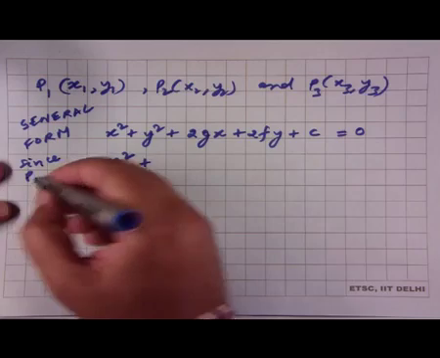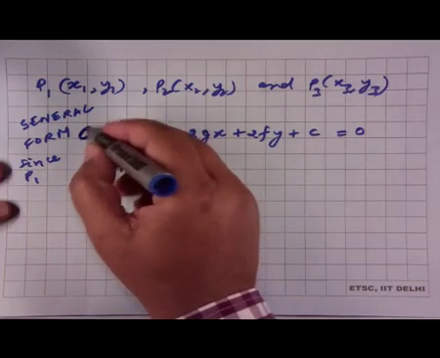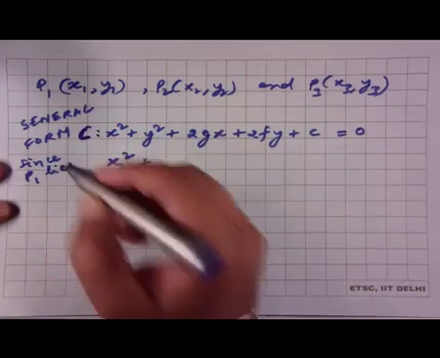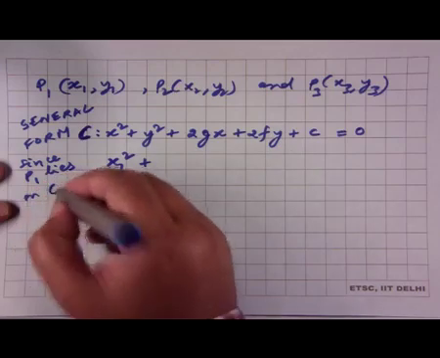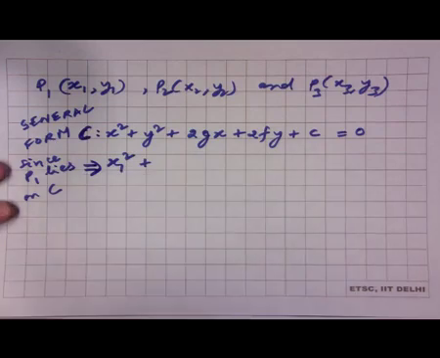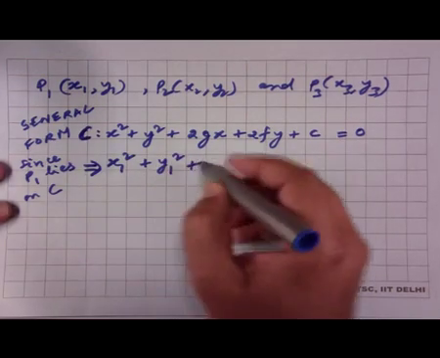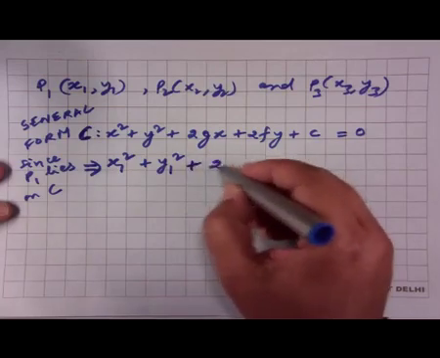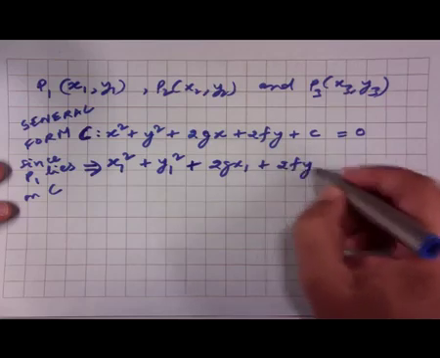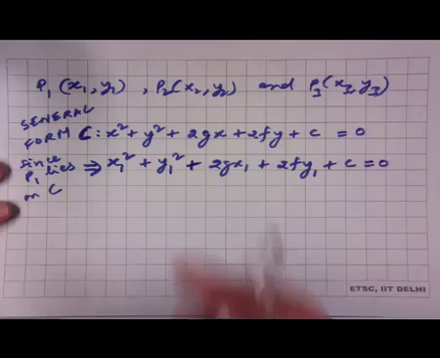This is the circle capital C. Since P1 lies on C, it follows that x1 square plus y1 square plus 2g x1 plus 2f y1 plus c equals 0.